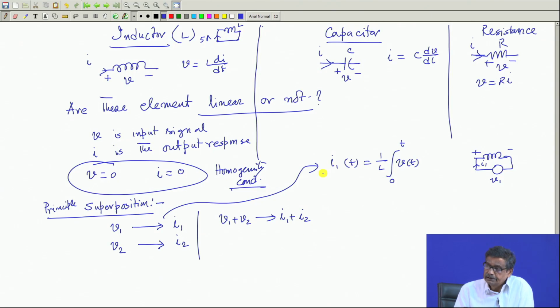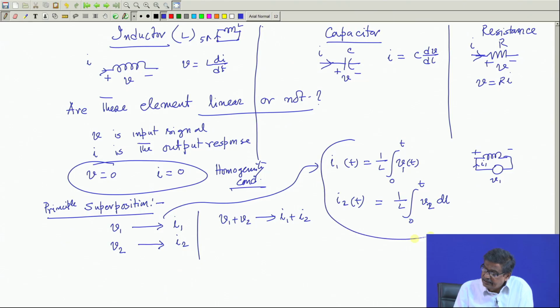Or you can write minus infinity also. So, when you have applied V 1 voltage, this will be the current in the inductor. When you apply a voltage V 2, the current in the inductor will be 1 by L, 0 to t, V 2 dt, and this will be equal to I 2 t.